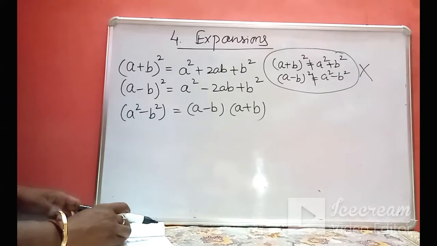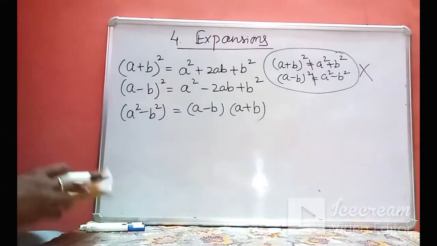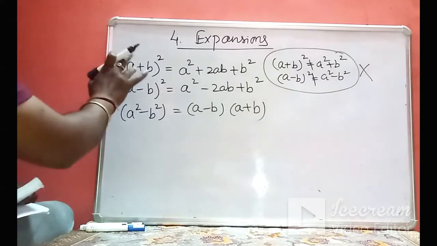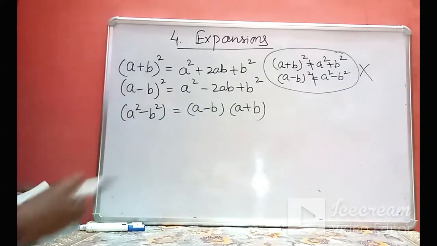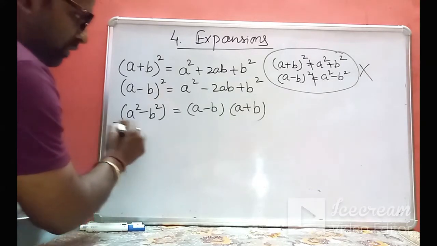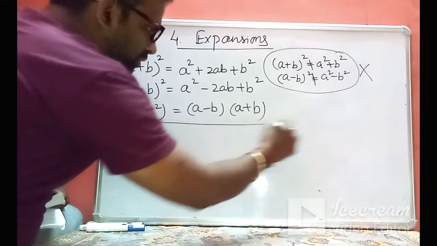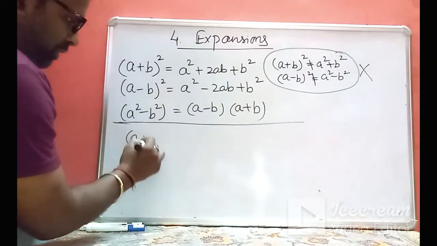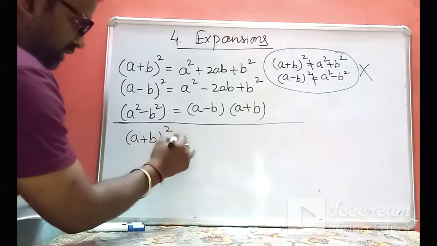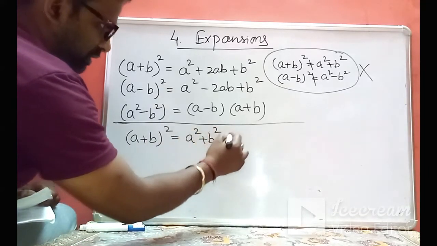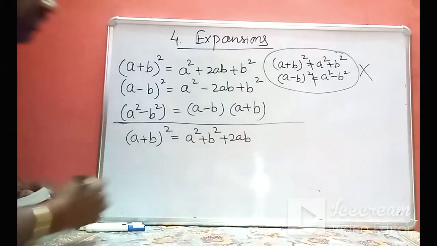Okay, just understand these identities and remember them. Now a few identities that we can make. Suppose I want to write this (a + b) whole square in terms of (a - b) whole square. So (a + b) whole square is a square plus b square plus 2ab.